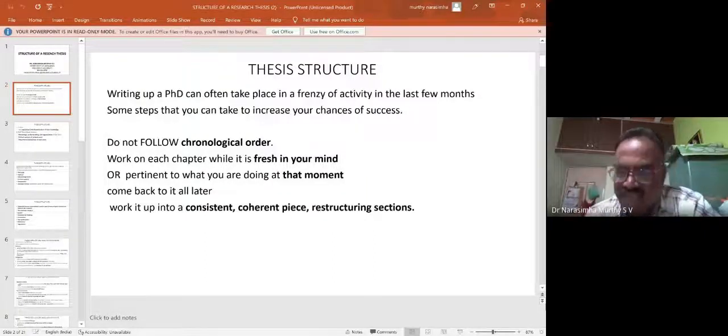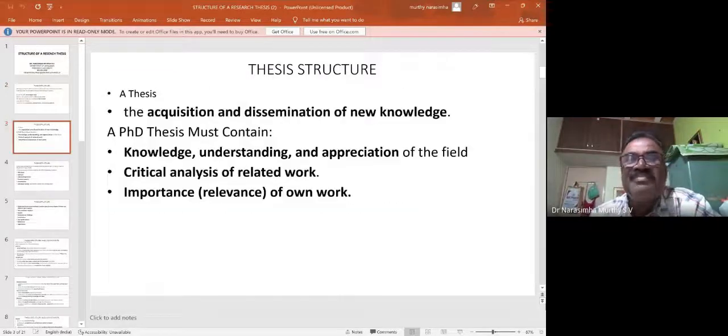So what is a thesis then? What is a thesis? What is research? I will not venture into the question of research, because Professor Balaji had almost made my way very easy. A thesis or a research, a PhD for that matter, is the acquisition and dissemination of new knowledge.